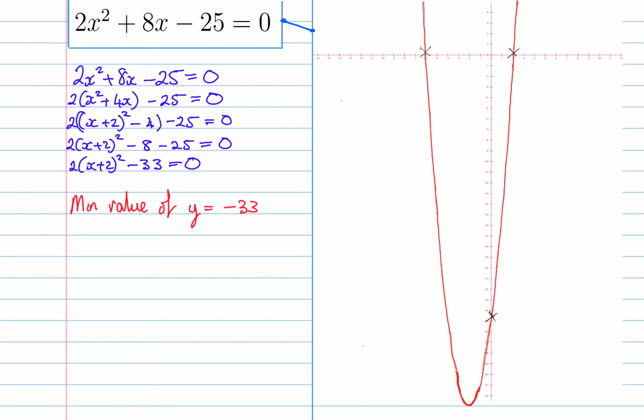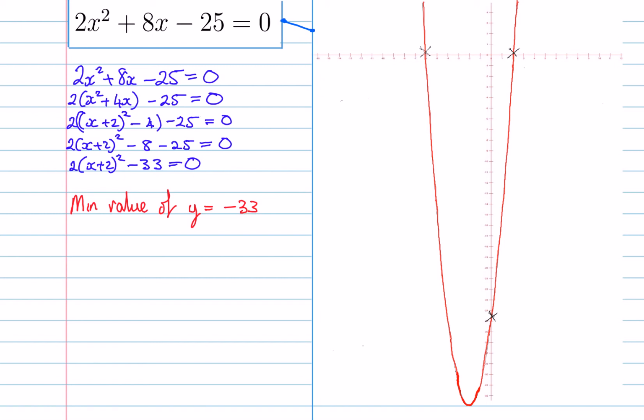What is the value of x that's going to make this here 0, and as a result give us this minimum value? Well, when x is equal to -2, you're going to have -2 + 2, which gives us 0. And 0 squared is going to be 0, 2 times 0 is 0. So when x is equal to -2 here, the minimum value is going to be -33.